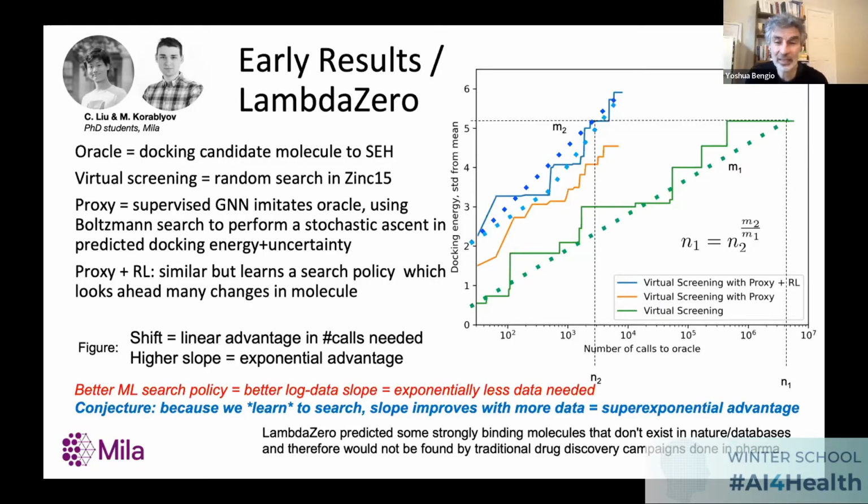It's kind of sad, but searching in an exponentially large space is exponentially hard by default, so it's not surprising we get these straight lines. Now, what may happen though is some models, some approaches, some algorithms may have a straight line with a different slope.